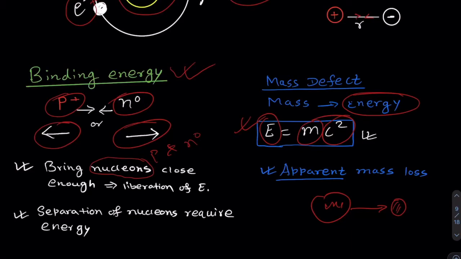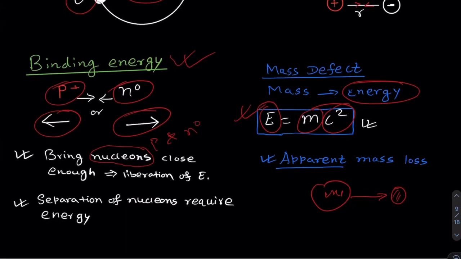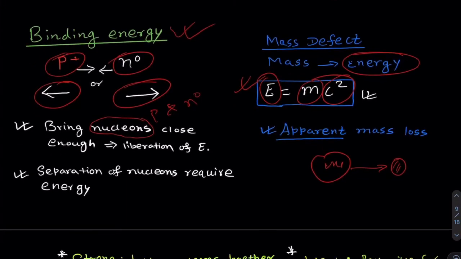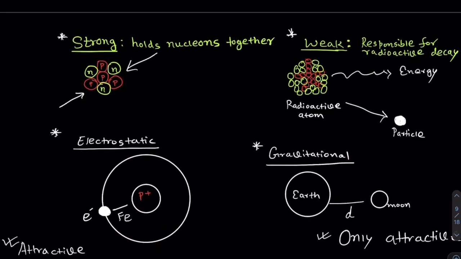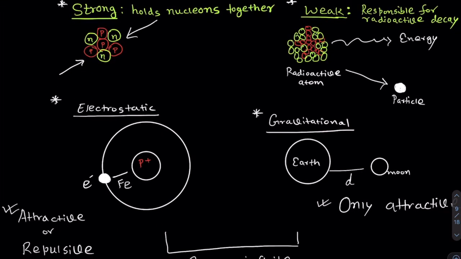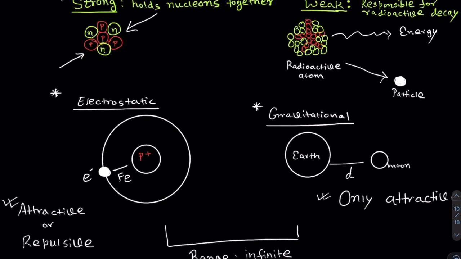You feel like there is apparent loss, but in reality the mass is changing form into energy in this particular case. And again, this equation is very powerful. E is energy, m is mass, and c is the speed of light, and this is pretty important for the MCAT. Okay, so I'm going to go through some summary, the wrap-up.